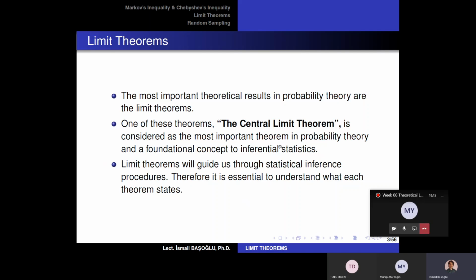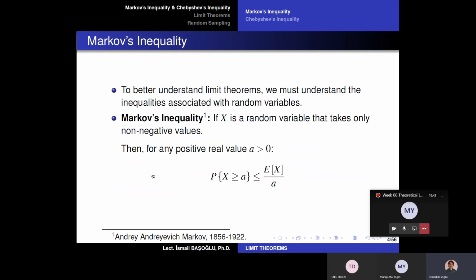So studying a small sample, or small subset, to infer ideas about the general population, or the superset, is called inferential statistics. And inferential statistics studies have the base or foundation which is created by the central limit theorem. So we are going to go through these limit theorems one by one, and let's start with Markov's inequality.